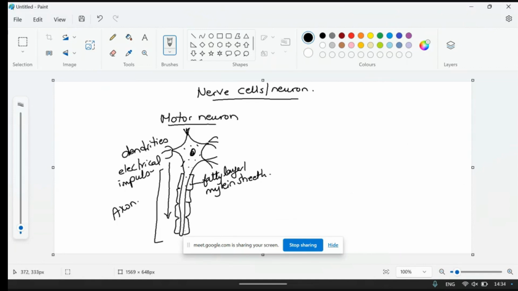They move along this neuron to connect it to a muscle or a gland to do its effect or its function. These fatty layers work as an insulator to prevent the electrical impulses from deviating or going to any place other than the target, which is the end of the neuron.